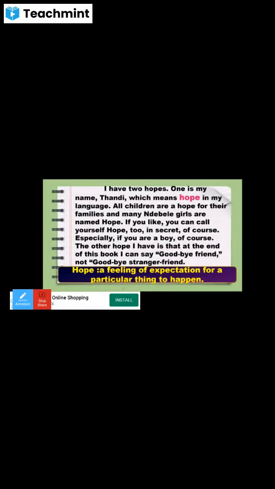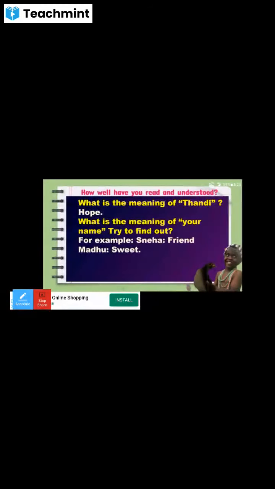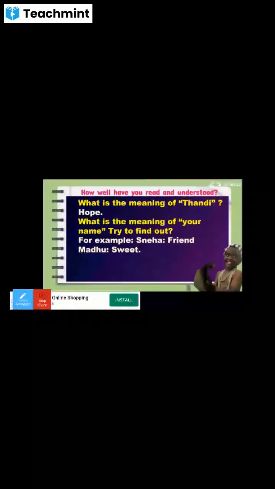So here, Thandi means hope. If you have a name like this, you can call yourself hope. So what is the meaning of Thandi? Already I told you, Thandi means hope. So what is the meaning of your name?